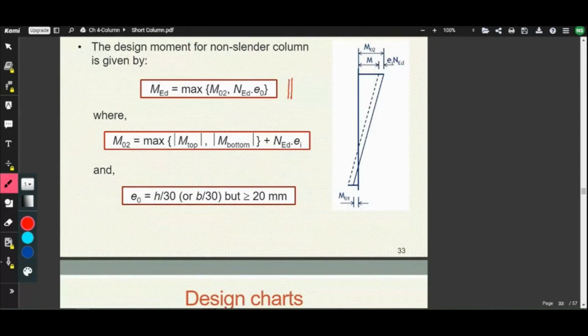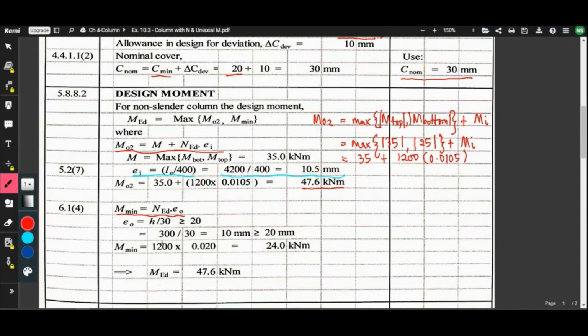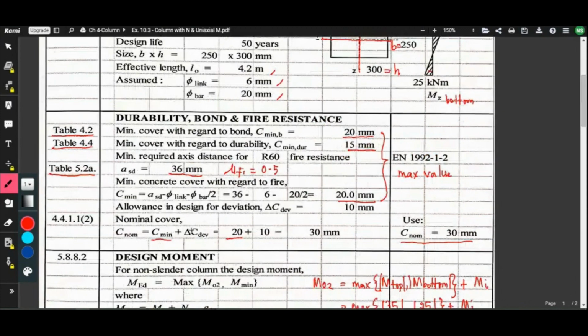You use h over 30 when bending about the major axis, and you use b over 30 when the bending is about the minor axis. So it will be h over 30, but must be larger than 20. H is 300, you can see h is 300.